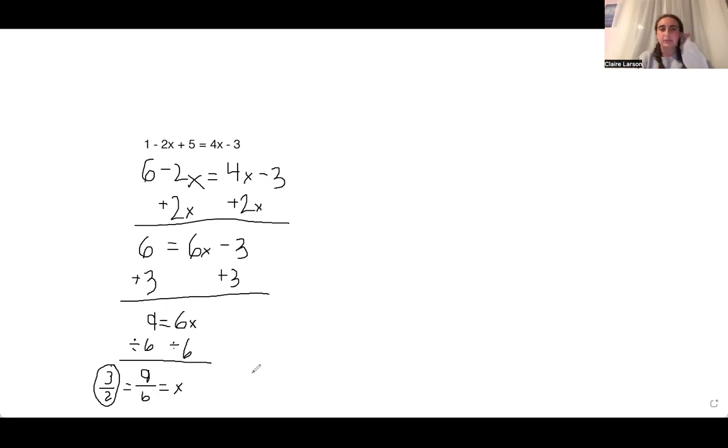And now we're going to plug it back in to see if it's right. Hopefully it is. So we're going to say 1 minus 2 times 3 over 2. When it's a fraction, it does get a little more complicated, but you can do it.